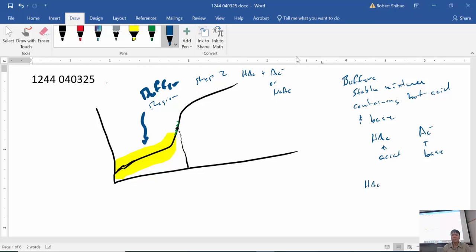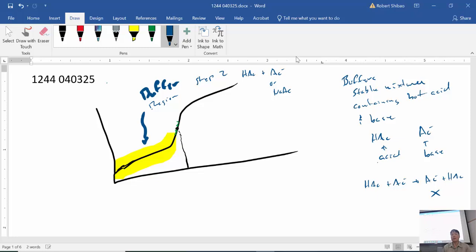So for example, if I have acetic acid plus acetate and tried to come up with a reaction, the most likely reaction between these will just form acetate and acetic acid, which is the same thing. So it's going to be a stable mixture. Although, some will react with water.